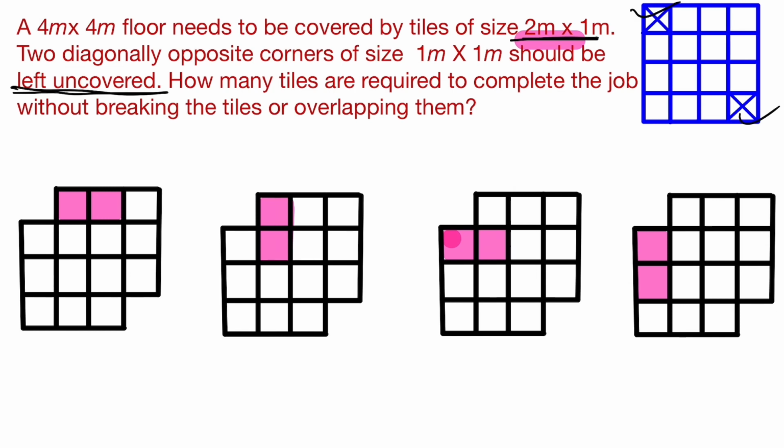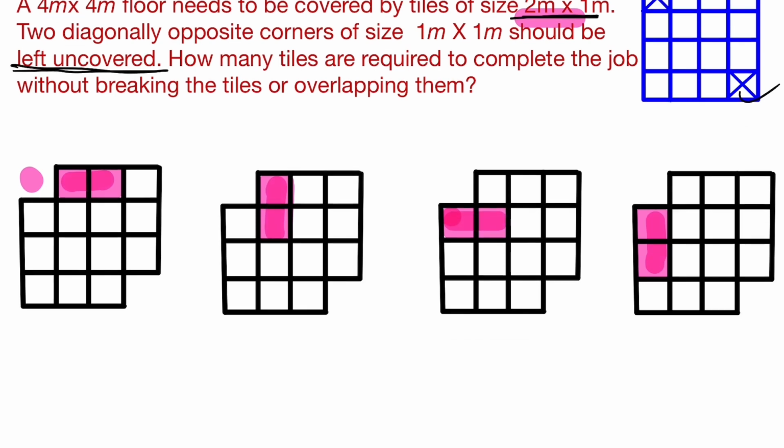So this is the uncovered block and we are just making these choices: 1, then 2, then 3 and then 4. Now we have this uncovered block of size 1 by 1, so we have to put this 2 by 1 tile vertical. The next thing is here we have this 1 by 1 block, so put this tile vertical.